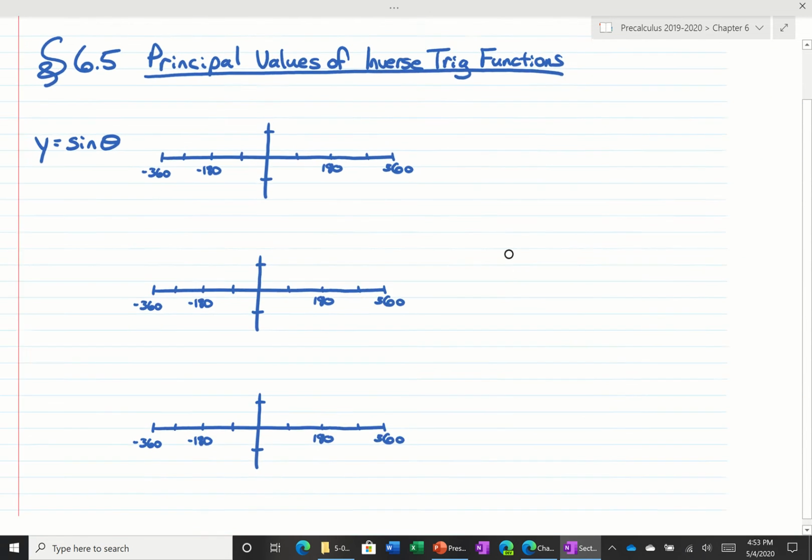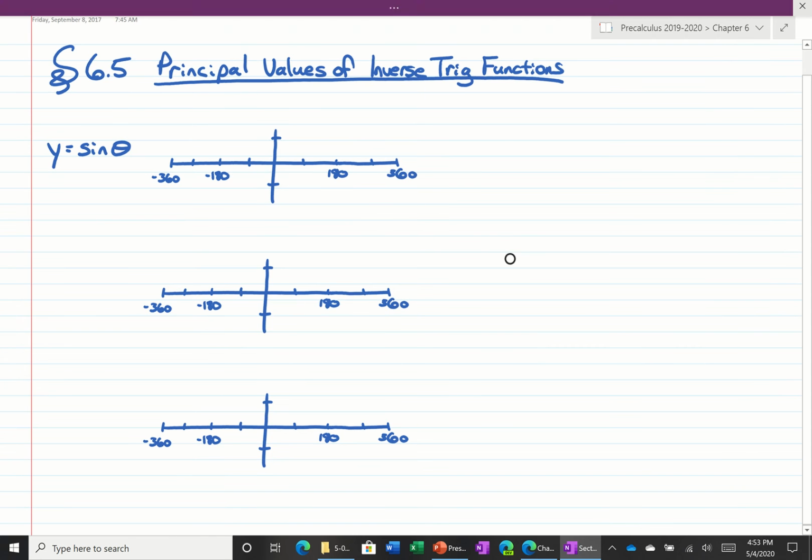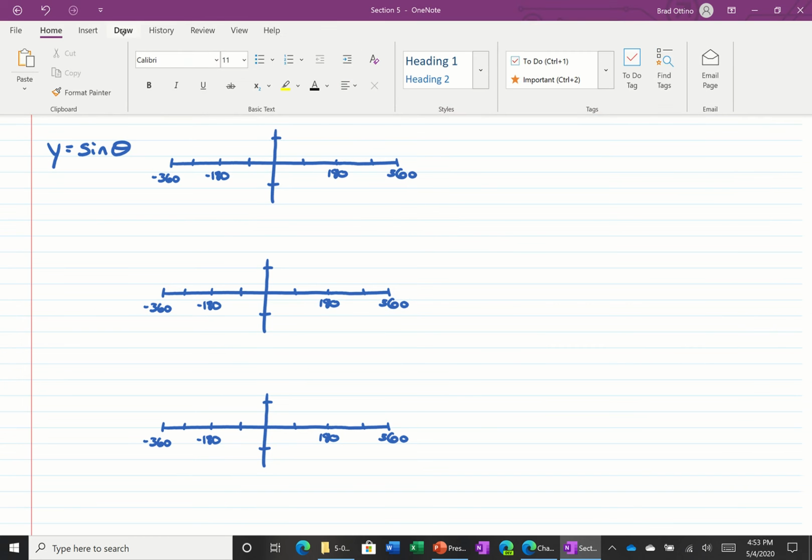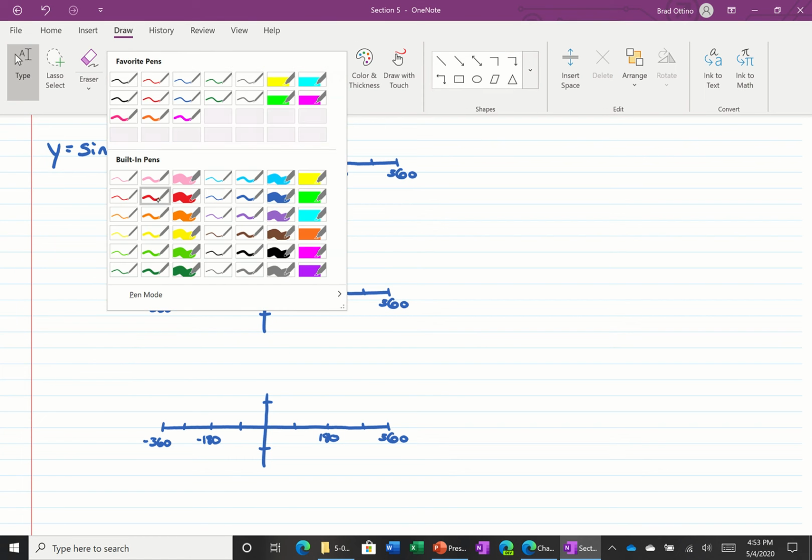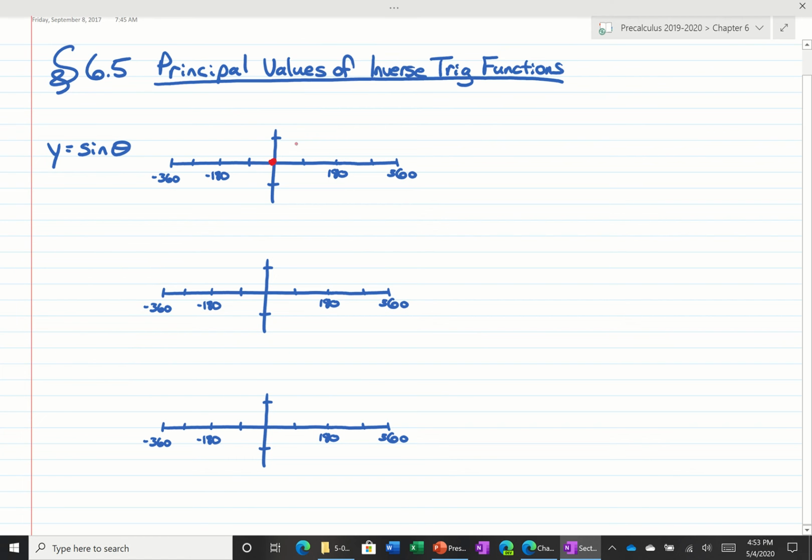For the graph of sine, you guys know that the graph of sine looks like this. It's a wave, sine of 0 is 0, 90 it's 1, 0, -1, 0. And we could just keep that pattern going. And if we connect the dots, we get a wave that looks like that.